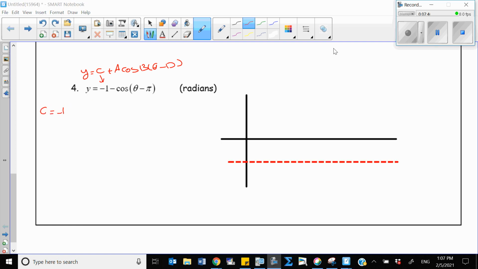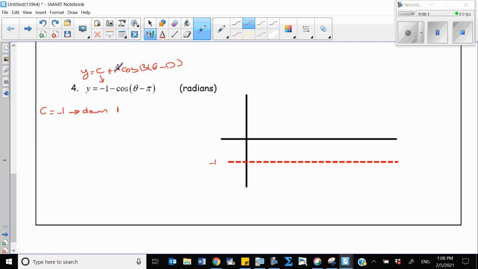This means our function is moving down 1. So the horizontal midline, or the sinusoidal axis, of the function is going to be moved down 1. Instead of being on the x-axis, it's moved down 1. So this is the sinusoidal axis.